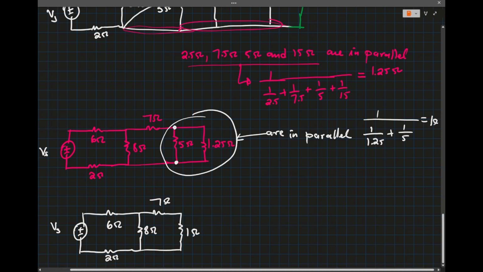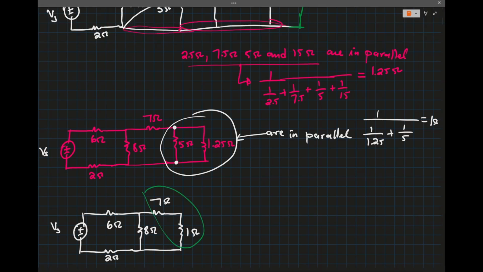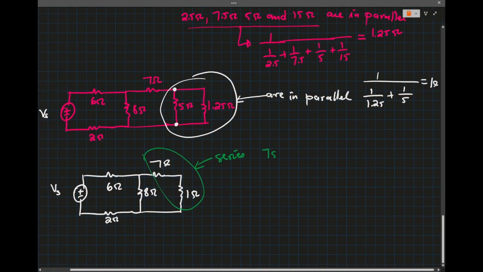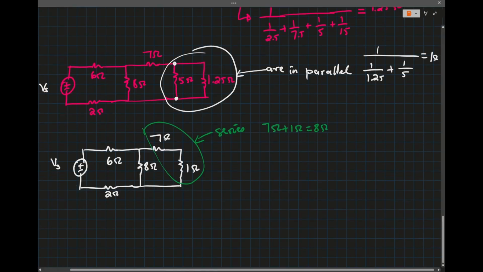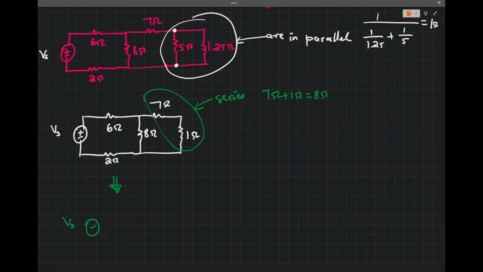So these 2 are in series. So that means we have 7 ohm plus 1 ohm, which is 8 ohms. So that means the network is now 6 ohms here, 2 ohms here.